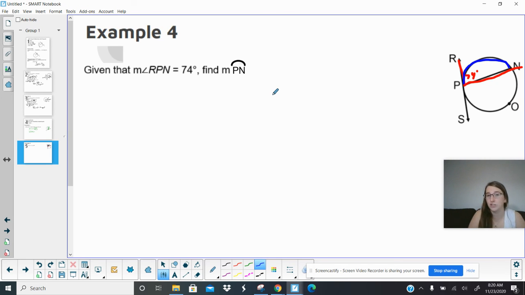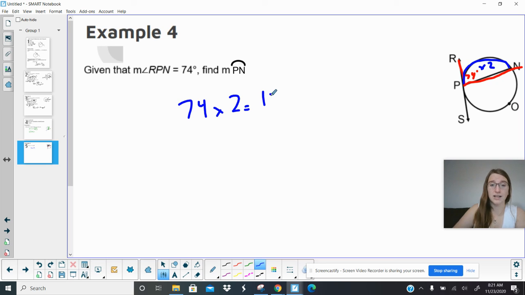Should we multiply by 2 or divide by 2? Multiply by 2. We are trying to get bigger to get out here, right? Again, if the angle is half the arc, we would double the angle to get the arc. So 74 times 2, that's going to be 148. It should be. Yep.